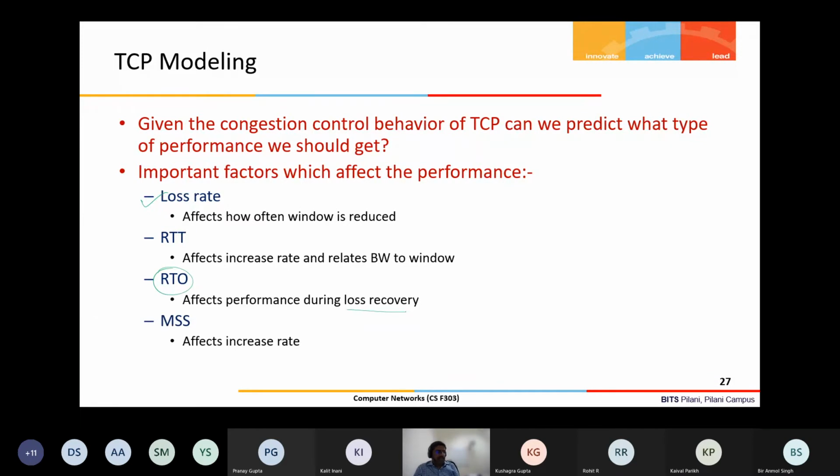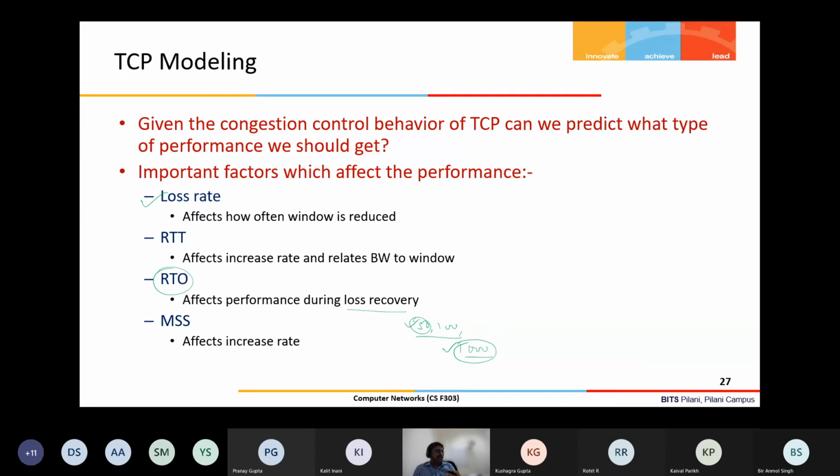And obviously the maximum segment size also affects it, because it is how much data you can send in a single segment. Suppose your segments are 50 bytes or 100 bytes. Then every time, one MSS, so in one round you are able to send only 50. And another connection sends, let us say, 1000 bytes in one round. So definitely this connection's throughput will be more as compared to this.